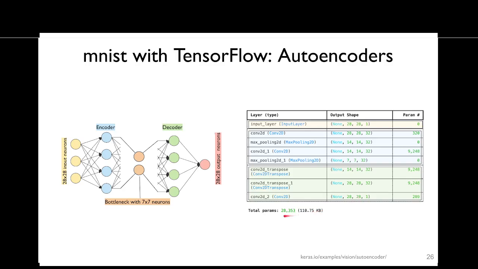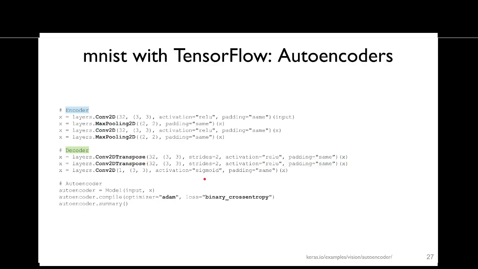And overall, we have used 28,000 parameters, and we have implemented exactly this structure. And that is what it's looking like in TensorFlow code.